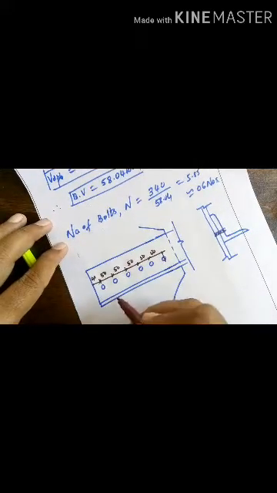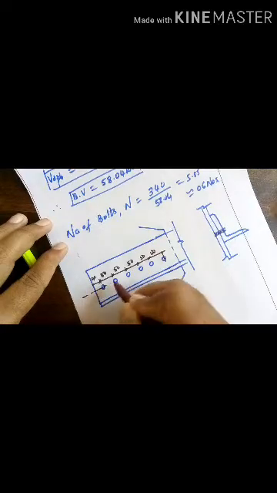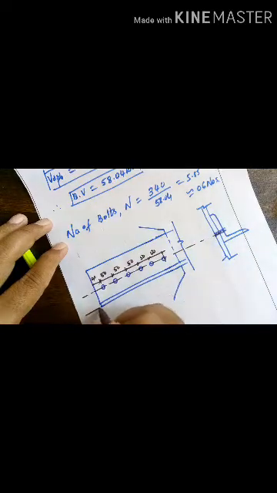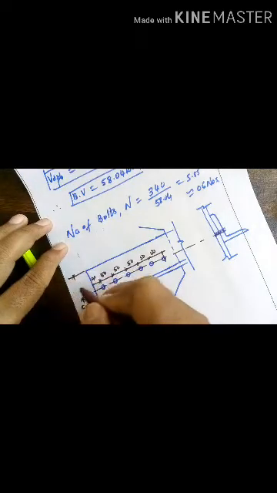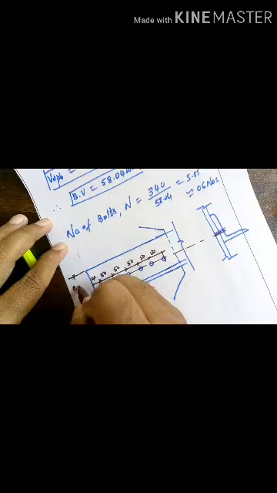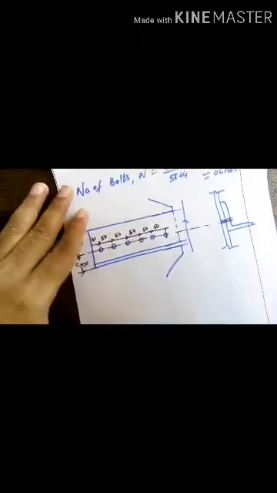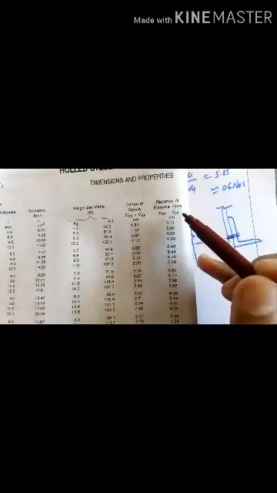And also refer the steel table and mark exx and cxx. So refer the steel table and get cxx and exx. Here the center of gravity cxx is given, and also the distance of extreme fiber exx. Refer it for this angle section, 100 by 100 by 10.